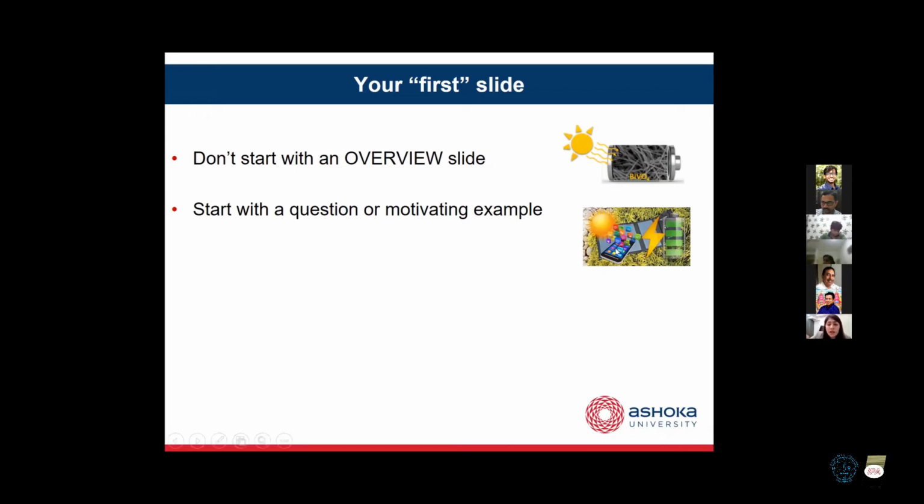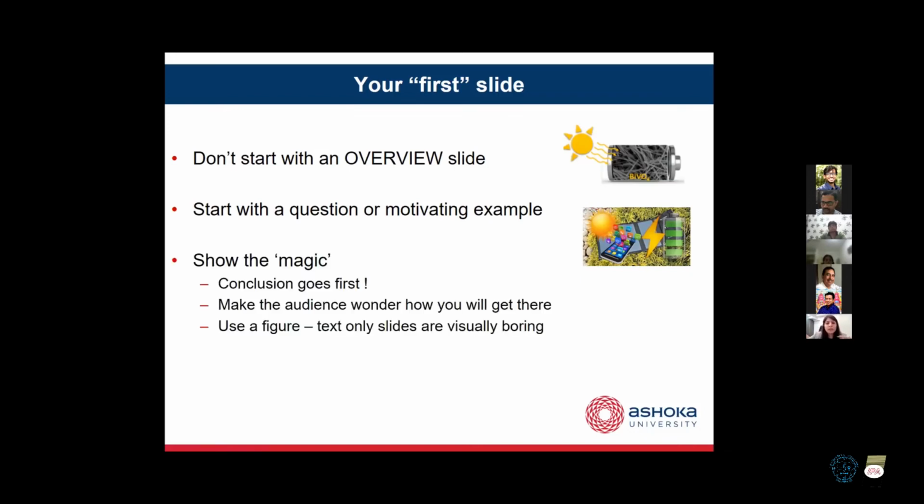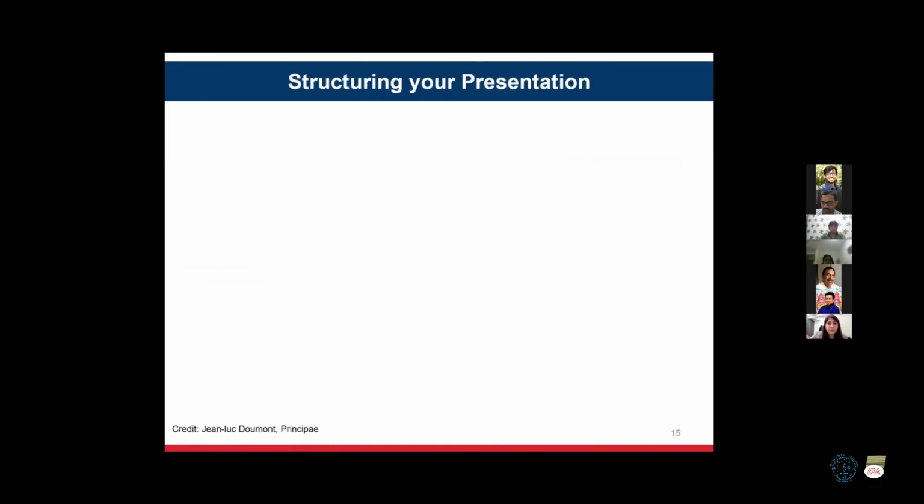So for example, if I am working on a material that is photoactive and can store energy, I'll say that I am working towards developing a battery that can be charged by simply putting it under sunlight. These are the kind of questions that you have to start with so that your audience is connected to what you are saying, and then eventually dive into the data. So give away the conclusions first, make the audience wonder how it really got there. Try to use a figure. Text only slides for research presentations are quite boring.